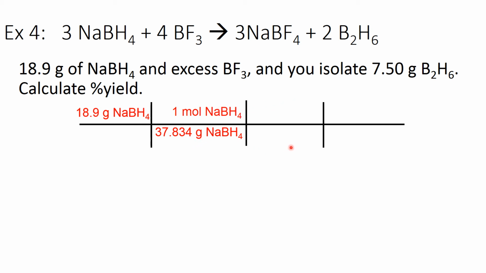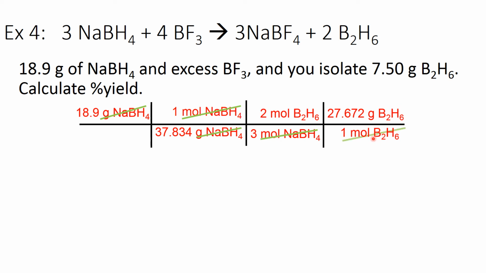Now we need the mole ratio, and we're looking at this product, so we're going to have 2 moles of this on top, and we're going to have 3 moles of our reactant on the bottom. So now we're completely done with our reactant because these two are going to cancel out. We'll plug in the molar mass of our product divided by 1 mole, and now the moles here will cancel.